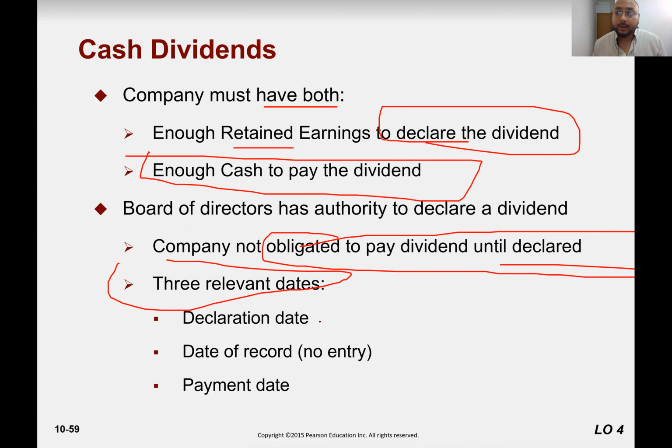Number 1, declaration date, when the dividend is declared. So the dividend is declared today, but paid on the 1st of July. Declared right now, right? So there is going to be an entry. And then the company records the dividend. There is no entry for recording. And then the company pays the dividend. On 1st July, the company pays, then the payment entry will be there.